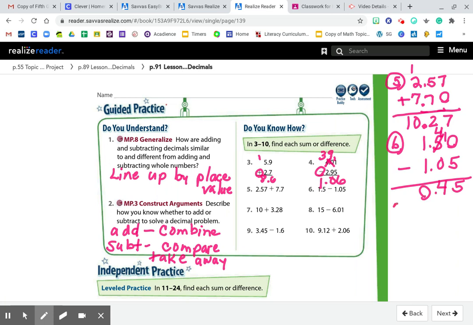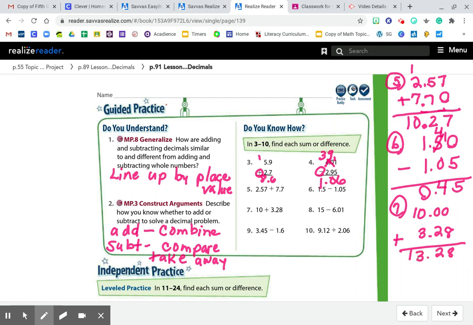Number 7, 10 plus 3.28. For this one, I'm going to annex 2 zeros and a decimal point, because remember there's a decimal after every whole number. Some of you might have been able to do that one right in your head.